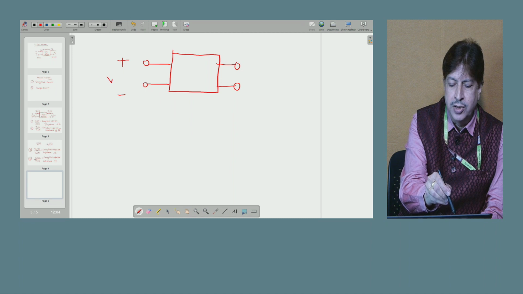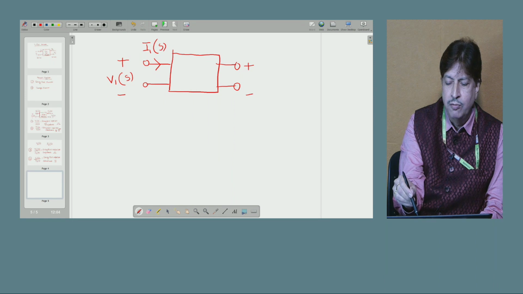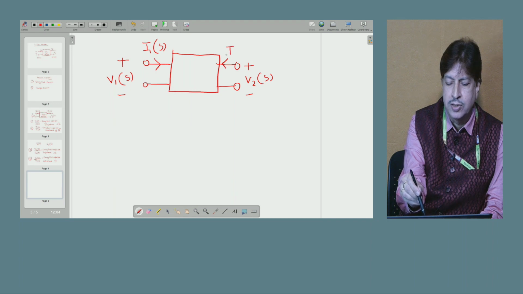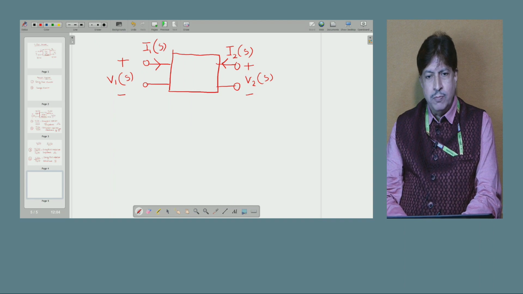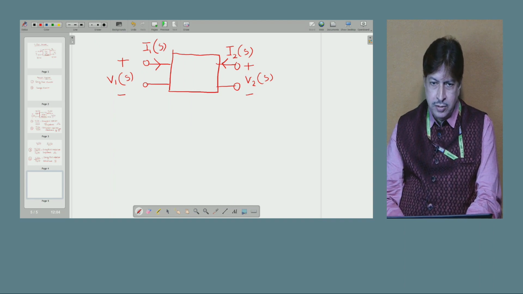So, I am considering a two-port network with the port voltages as V1(s), V2(s) and port currents as I1(s) and I2(s). What is meant by transfer function?